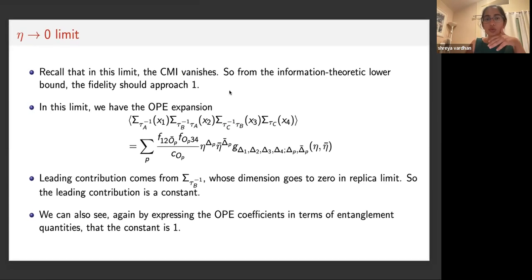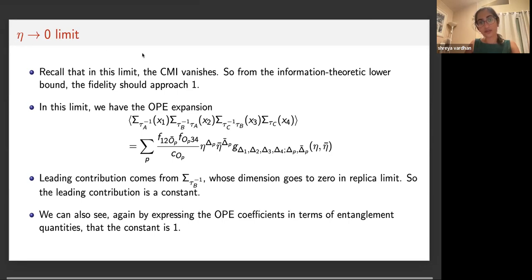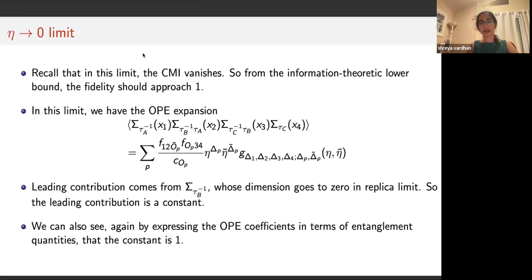The first thing is that from the lower bound in terms of the conditional mutual information that I mentioned, we expect that the fidelity should approach 1 in this limit. And we are able to correctly see that that is the case.